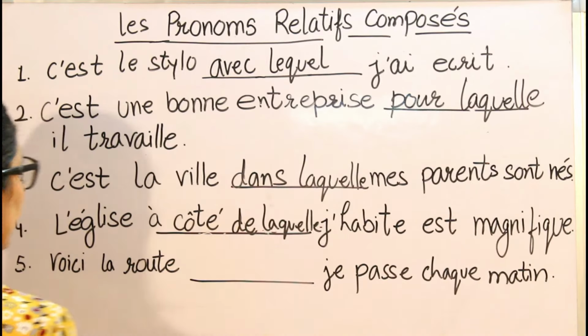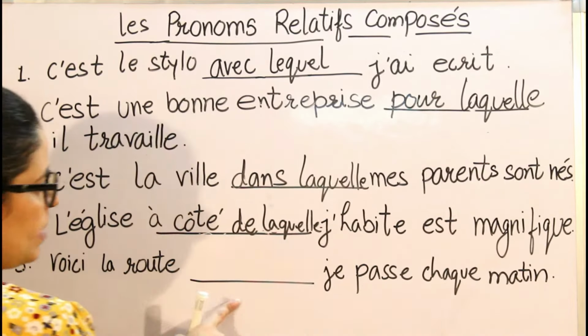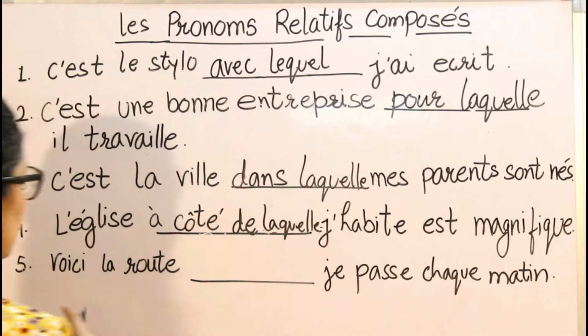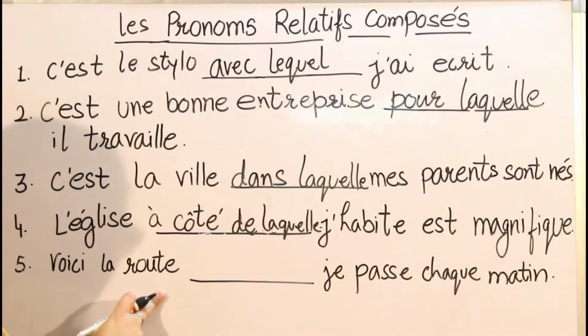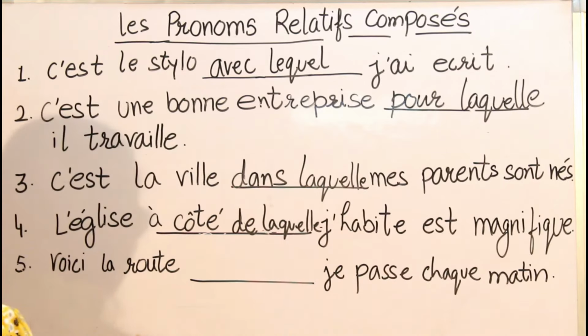Now the next one. Voici la route ___ je passe chaque matin. Here is the route, or this is the route ___ I pass every morning. So I need to use a preposition here and a which word. So I'll say this is the route by which I pass every morning.